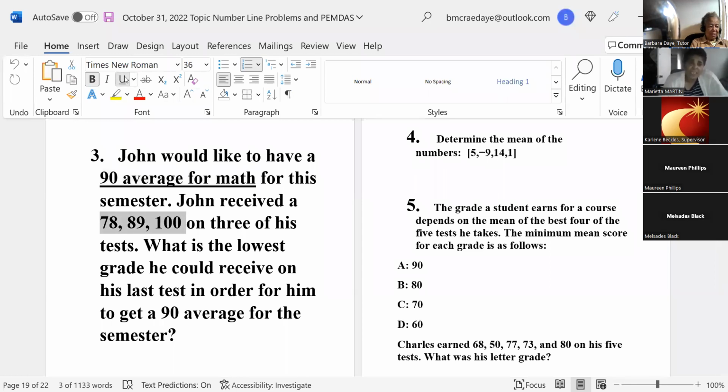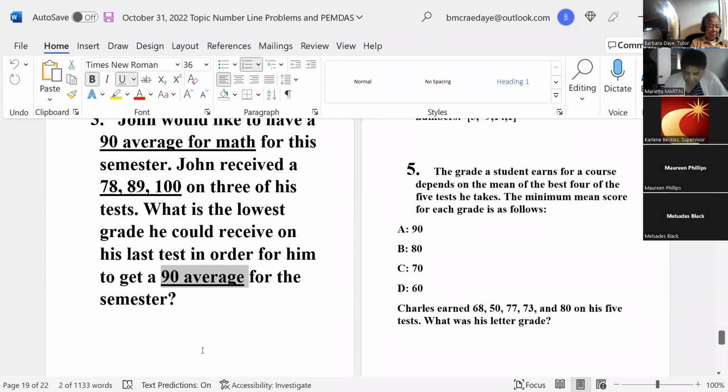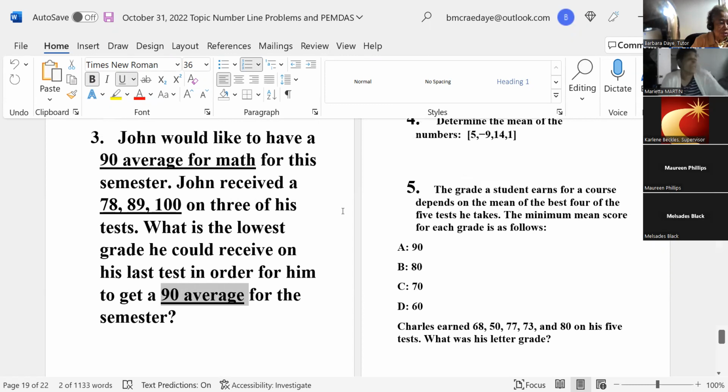What does he need to make on his last test? He's got 3 tests, so that would be a 4th test, to get his average. So I want you to solve this. It's just like the one we just did.